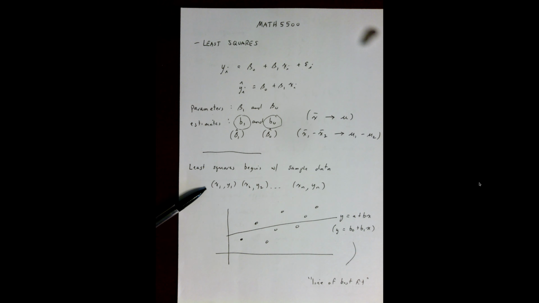So we have our data set, x1, y1, and x2, y2, and so on. And we have a relationship. So we can look at a scatter plot, get an idea of a relationship. Next step is we fit a model. So we get our beta estimates, b0, b1, right? And we call this the line of best fit.